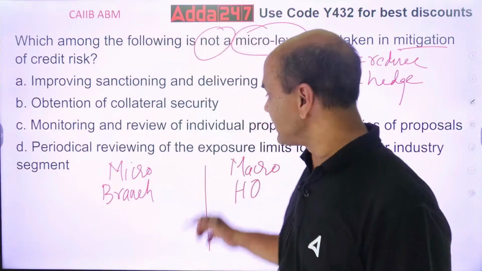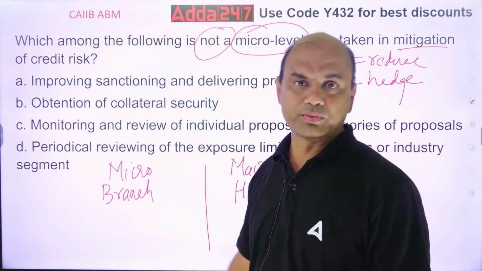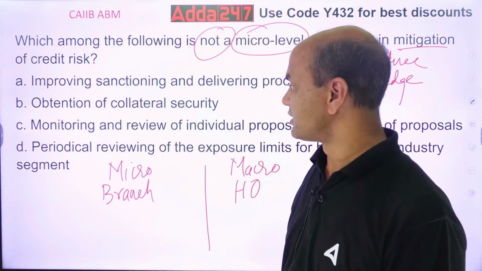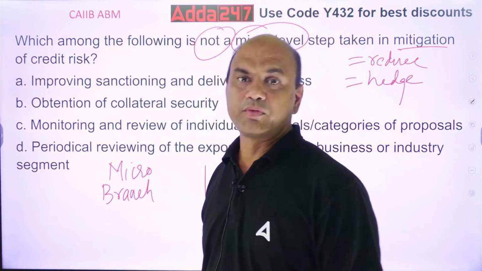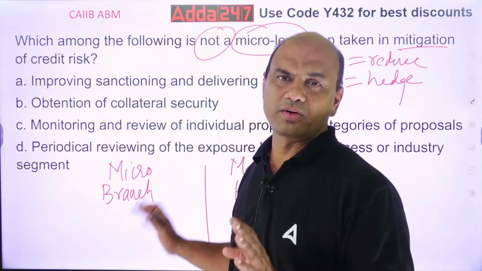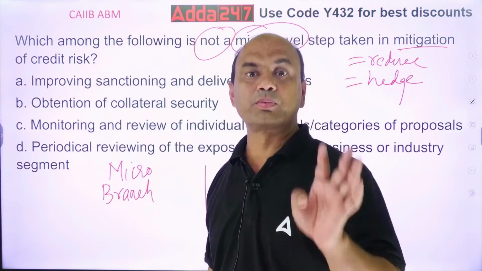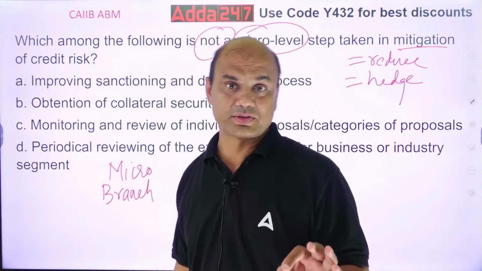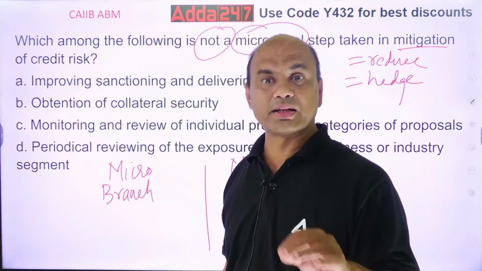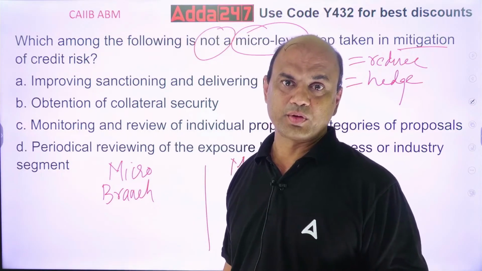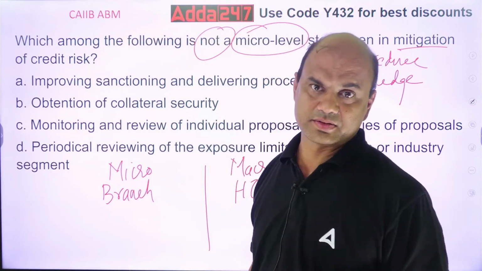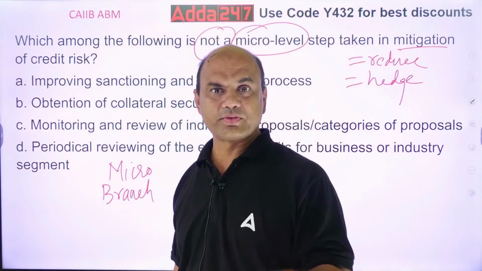So, at branch level, what do you do for reducing the risk? Number 1, we'll take a collateral. We'll do proper analysis of the loans, the management analysis. We'll check the persons behind the company, and legal documentation. All these 3 parts we'll be doing.